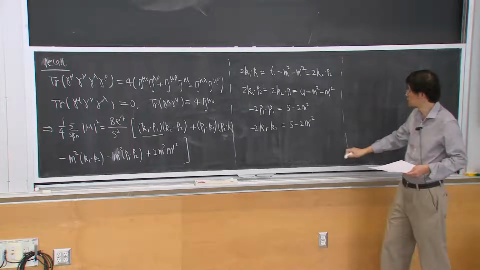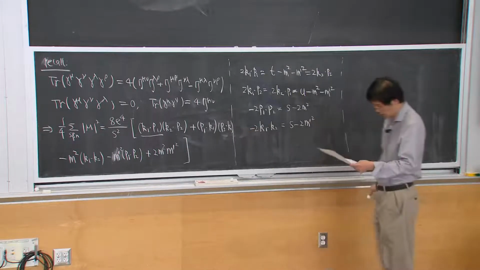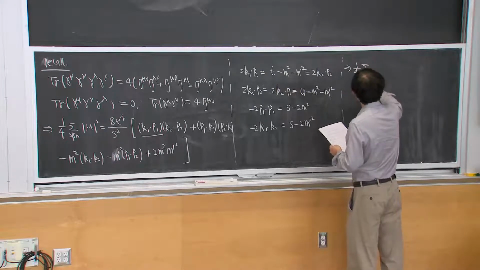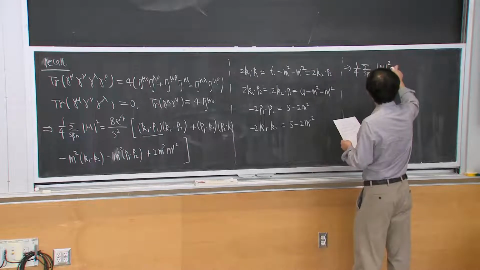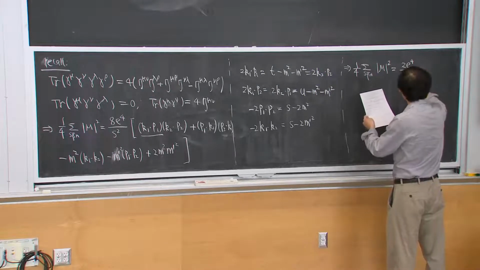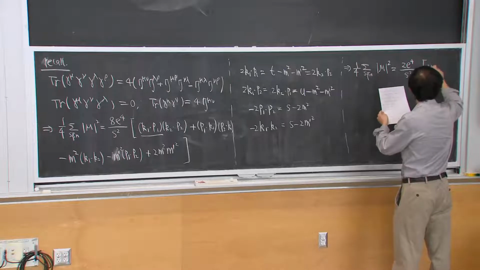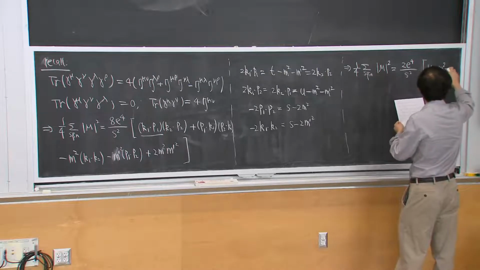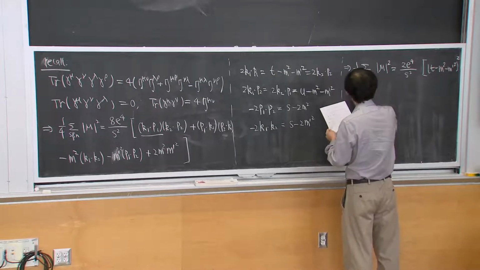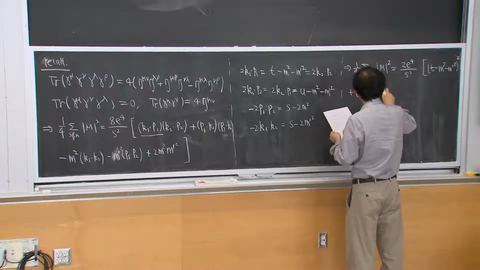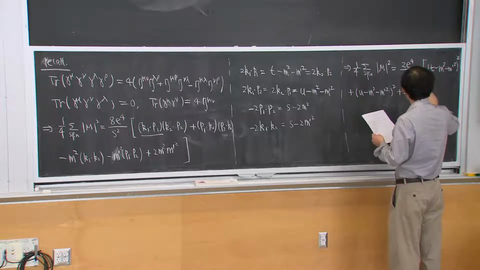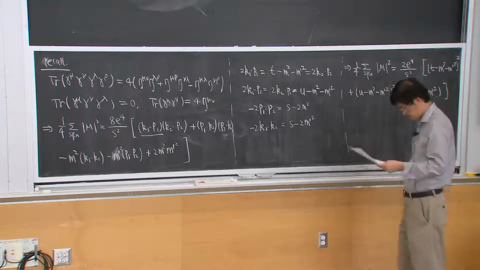So you just apply those equations in here, then you can write them in terms of STU variables, and you find that 1/4 sum over spin of the amplitude squared is equal to the following expression: e to the power 4 over s square, times T minus m square minus m prime square, squared, plus U minus m square minus m prime square, squared, plus 2s times something.